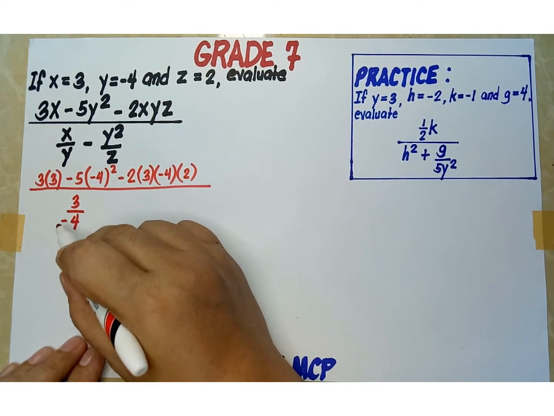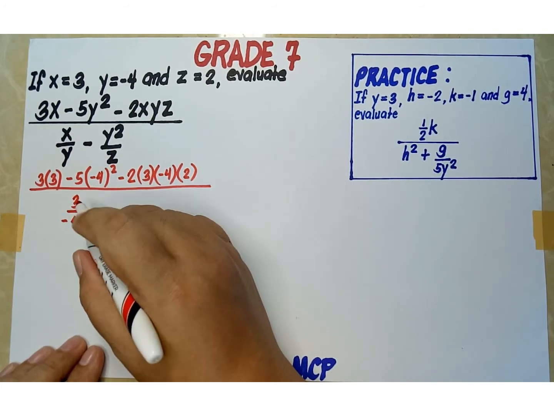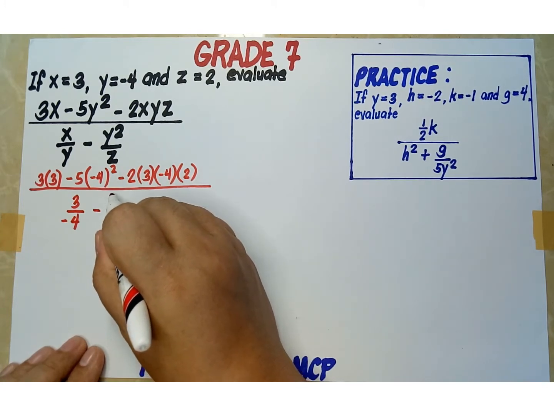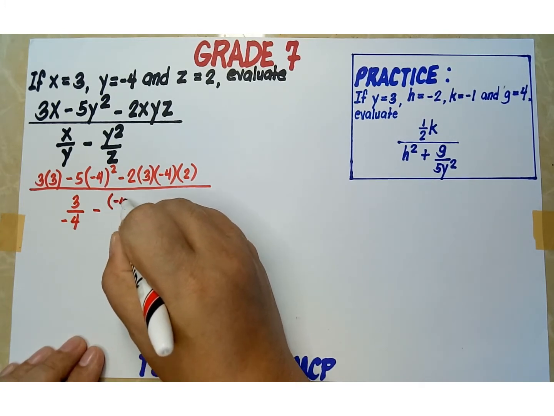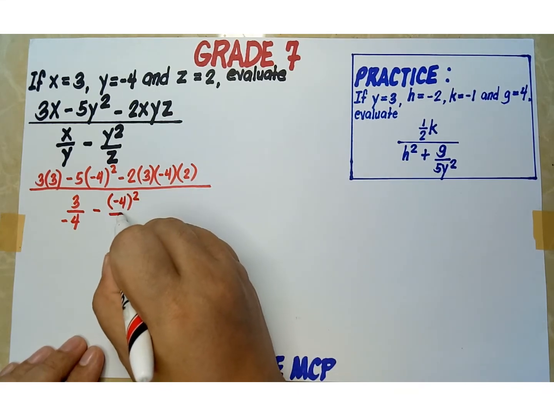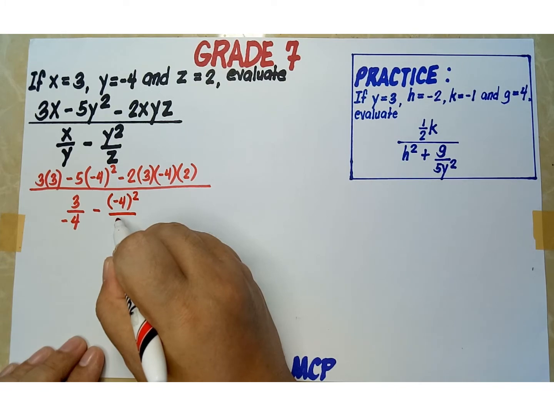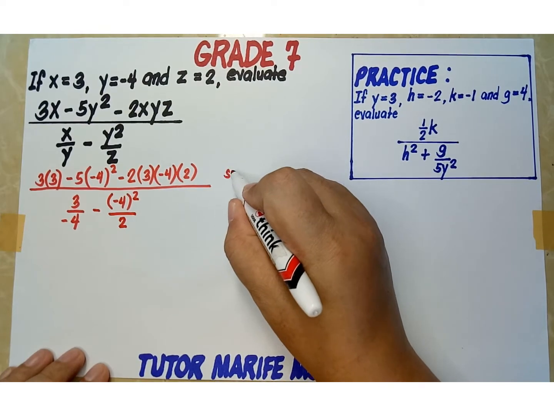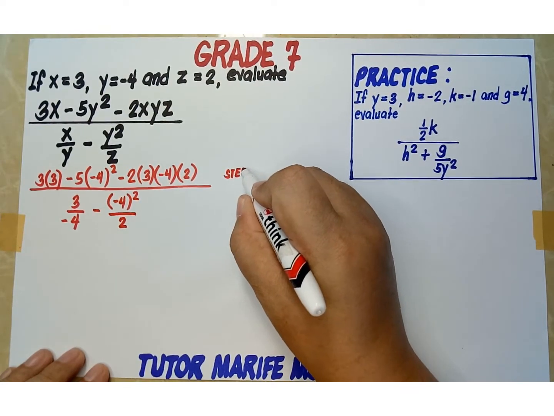So 3 divided by -4 minus y squared, replace y with -4. So -4 squared over z divided by 2. Yan. So, ang step 1 is substitution.